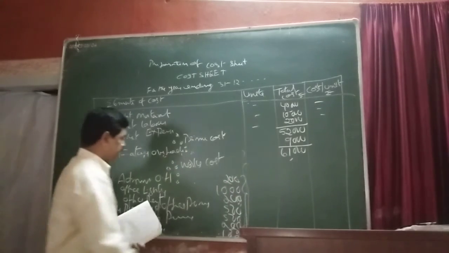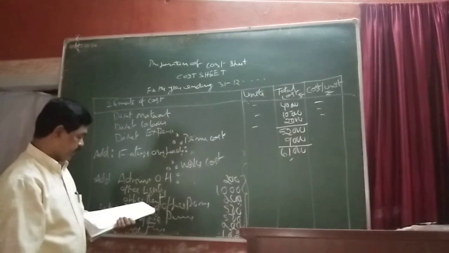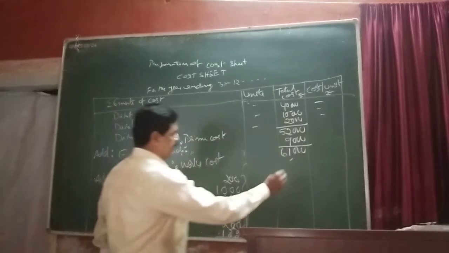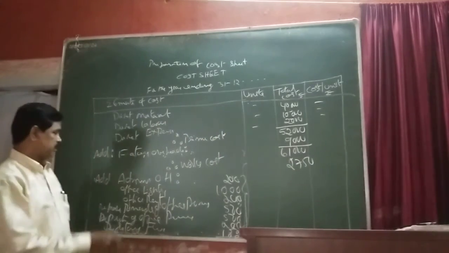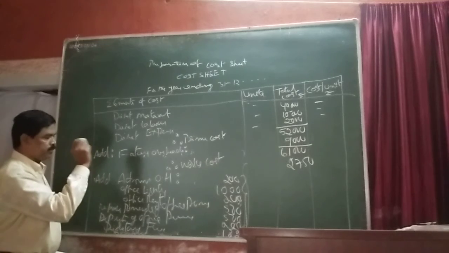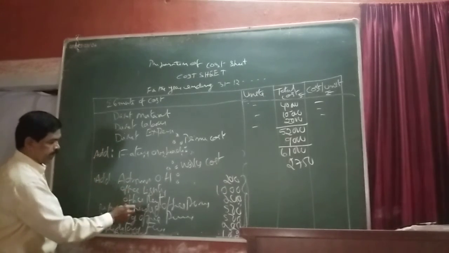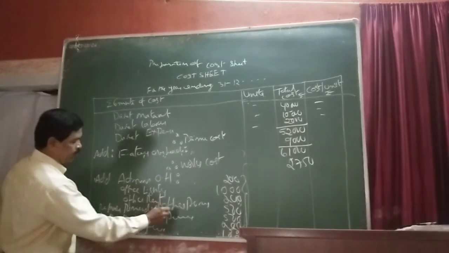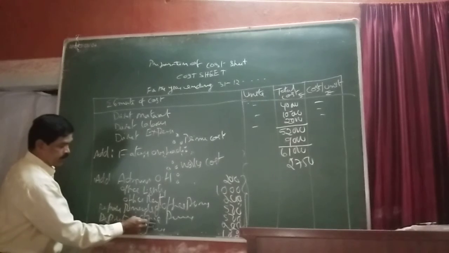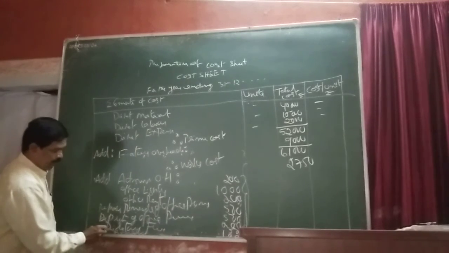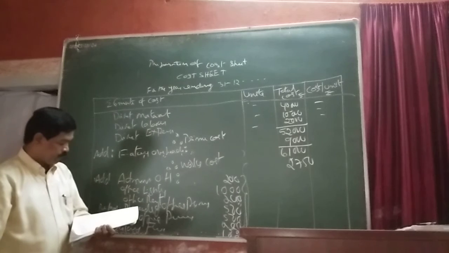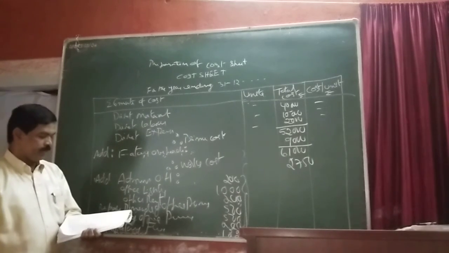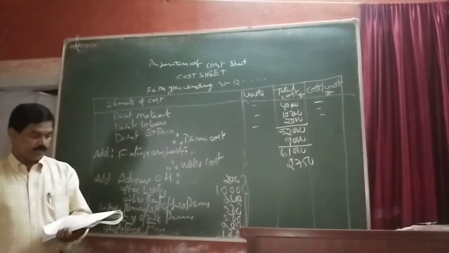So the total of these office overheads is 2,750. So expenses related to the office or administration: office lighting, office rent, repairs and renewals of office premises, depreciation of office premises, directors fees, office printing and stationery, postage and telegram.